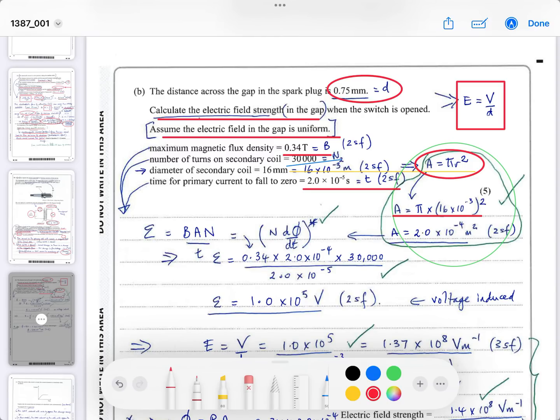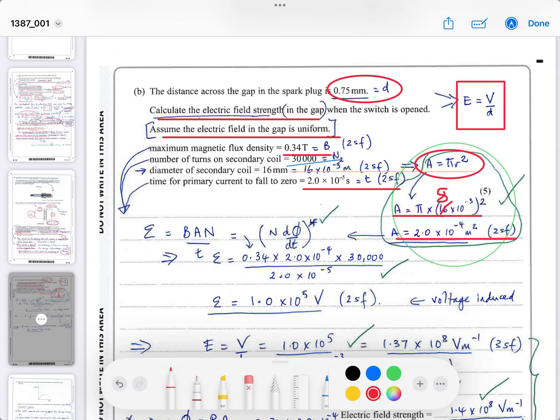That should be 8 times 10 to the minus 3, because obviously you need to divide that by 2 and then square it. So 8 times 10 to the minus 3, or d over 2 all squared. Anyway, that does give you the correct area. I just forgot to divide it by 2, and to 2 significant figures.